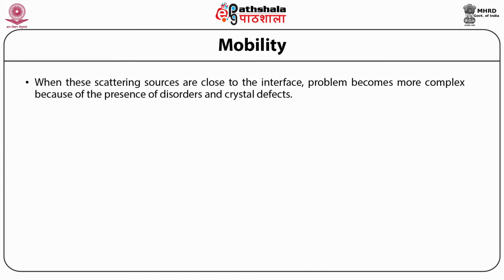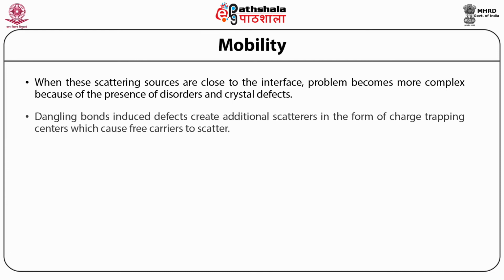When these scattering sources are close to the interface, the problem becomes more complex because of the presence of disorders and crystal defects. Dangling bonds induced by defects create additional scatterers in the form of charge trapping centers which cause free carriers to scatter.